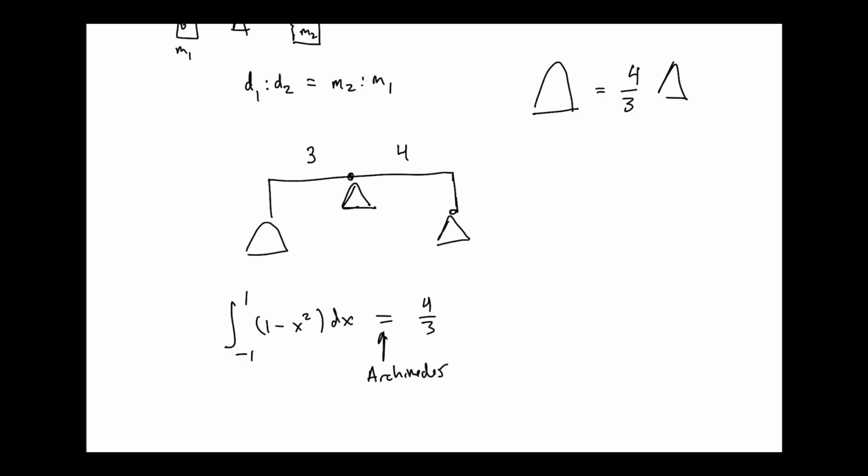Using this result of Archimedes, we get 4/3. So let's use this modern technique and make sure that we actually do get 4/3, because it would sort of suck if Archimedes was wrong. Yeah?